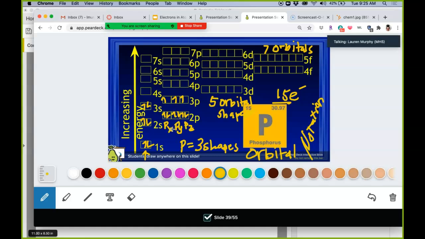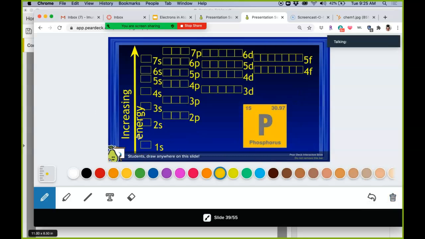So let's talk about some vocab. I'm going to refill this in so it's less messy without all those other words on it. The highest occupied energy level is N equals 3.